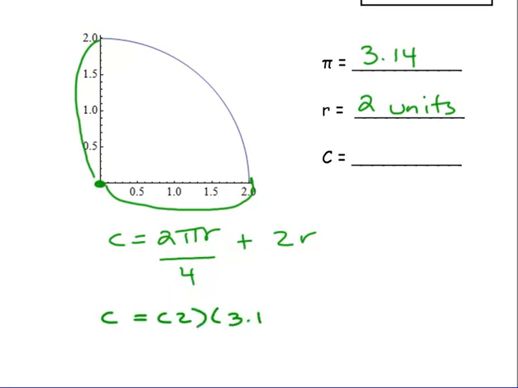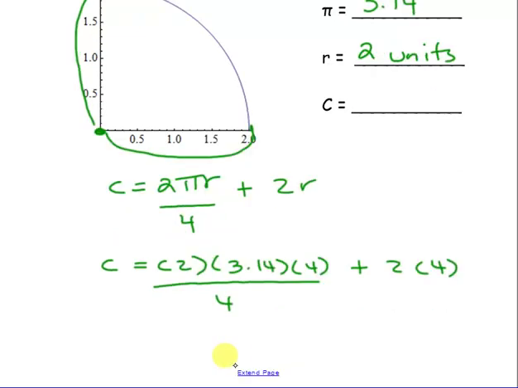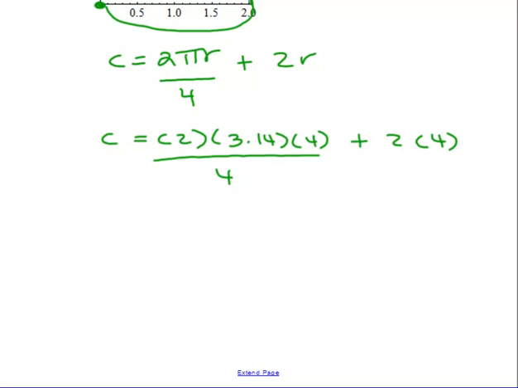So C equals 2 times 3.14 times 4 and all of that divided by 4 plus 2 times 4. So we're going to go ahead and multiply the top. So that's going to be 2 times 3.14 times 4, which is going to give us 25.12 divided by 4 plus 8.